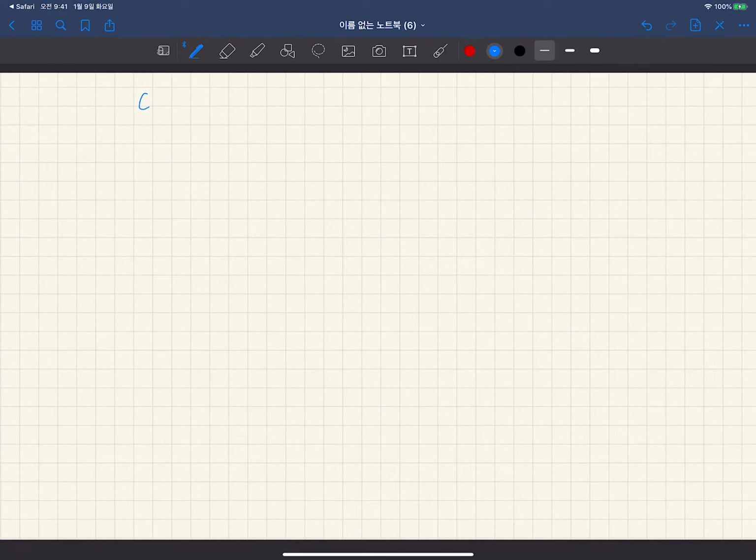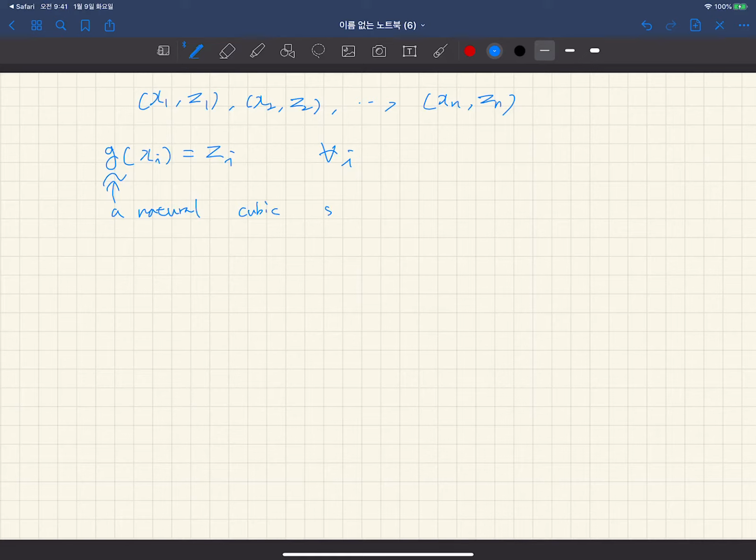So for any x1, z1, x2, z2, up to xn, zn, you can define a natural cubic spline g such that g of xi is equal to zi for all i. So here g is a natural cubic spline.